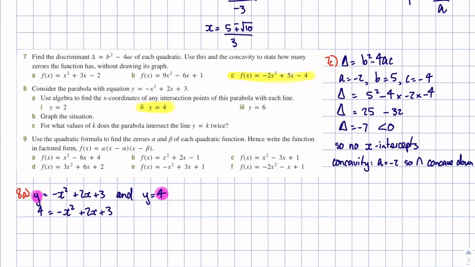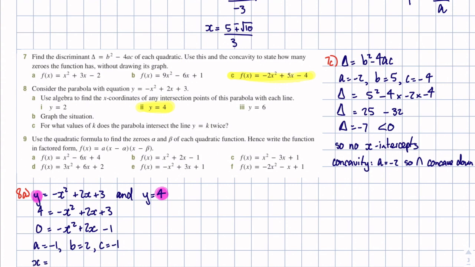Quadratics are always easy to solve when you have 0 on one side, so I'm going to take that 4 over to the other side by subtracting. Negative x squared plus 2x, positive 3, take 4, negative 1. And now I'm going to use my quadratic formula. A equals negative 1, b equals positive 2, c equals negative 1.